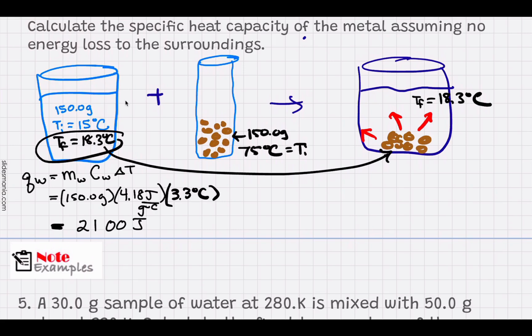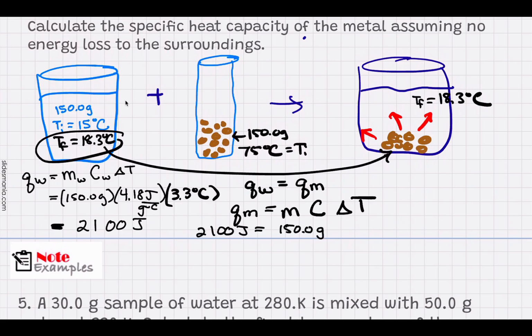So we're going to assume that the amount of energy absorbed by the water is the same as the amount of energy that the metal released. You can make that negative if you want. I'm going to just keep it positive. So now I'm going to look at the metal, the mass of the metal, the specific heat, and the delta T of the metal. So I know this value is 2,100. I know my metal mass is also 150.